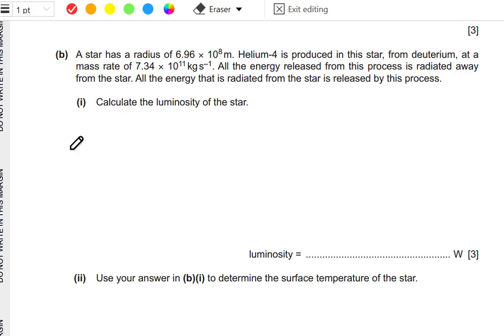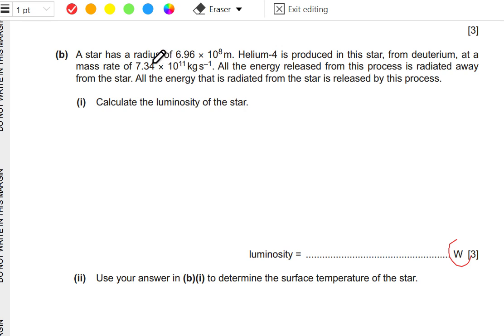We know that luminosity is energy per time, and for this reason it has a watt unit. This is a power quantity. So we need the energy obtained from this mass in 1 second to get the luminosity.